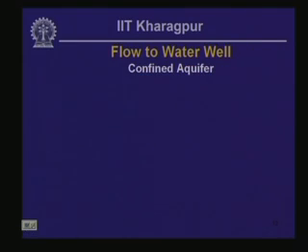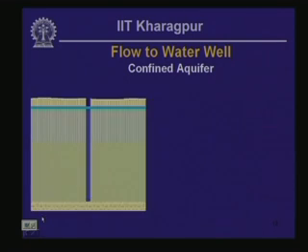Okay. Now we look at the flow of groundwater into a water well. First, we consider the flow into a confined aquifer. The confined aquifer in this particular case is like that. You are shown the position of the water table by a thick blue line near the top of this particular cross section, and the hatched layer near the top of the sketch represents a layer of aquiclude.